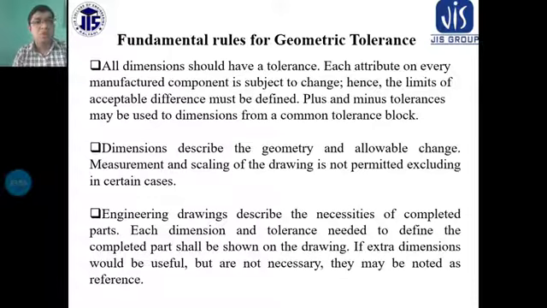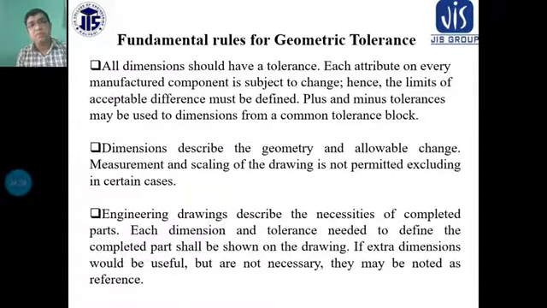The attributes of every manufactured component are subject to change. Hence, the limits of acceptable difference must be defined. That means each component is considered and the limits of acceptable difference must be defined. The plus and minus tolerance may be used for two dimensions from a common tolerance block.